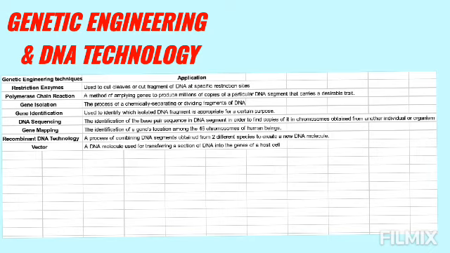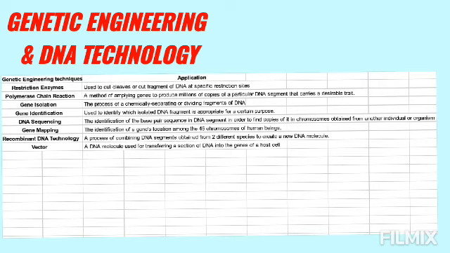Restriction enzymes are used to cleave or cut a fragment of DNA at specific restriction sites. Polymerase chain reaction is a method of applying genes to produce millions of copies of a particular DNA segment that carries a desirable trait. Gene isolation is the process of chemically separating or dividing fragments of DNA.